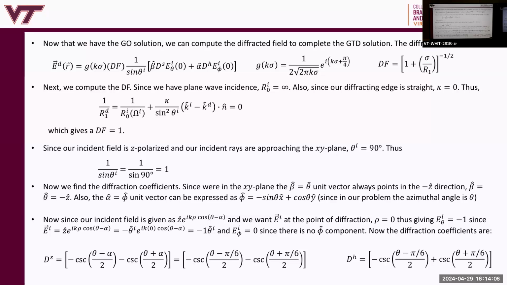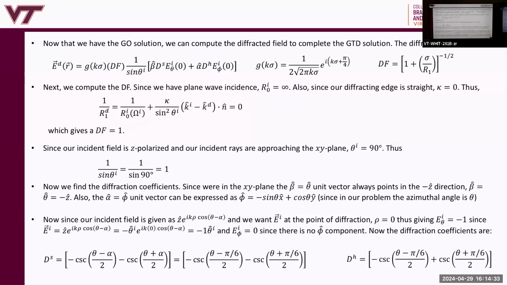So to calculate the divergence factor, one of the radii we know is, since the incident field is a plane wave, what's the radius of curvature of a plane wave? Infinite, right? Because a point source infinitely far away generates a locally planar wavefront. So we know what R naught incident is. That's this piece of this, right?